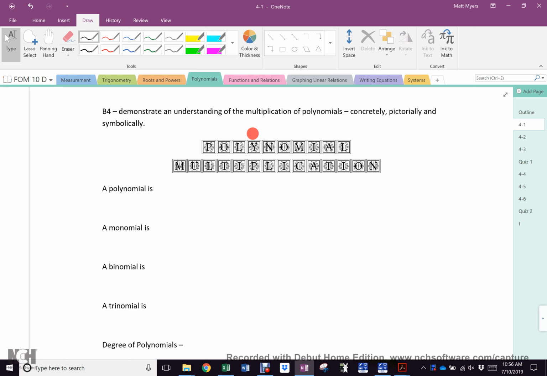Polynomial multiplications, page 53. Okay.